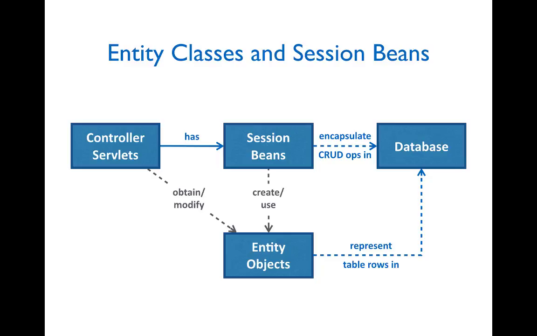There's one last piece of the puzzle we're missing here. A session bean is a kind of service object, and a controller servlet is a client object. A controller servlet has the session beans it needs as instance variables, but we want to make sure that the servlet has the correct implementation of the session bean.